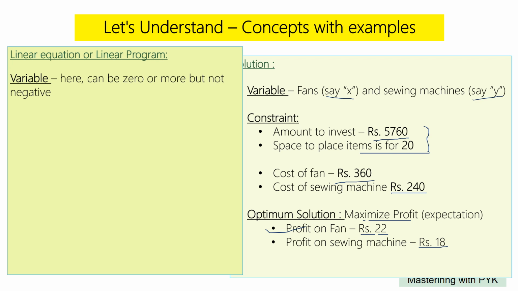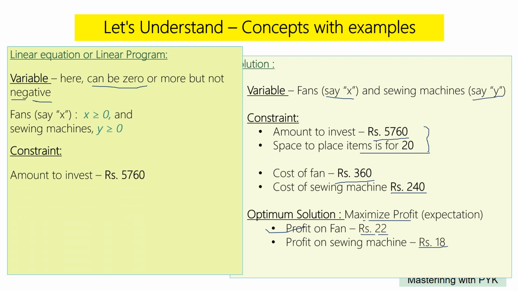So the variables, fan and sewing machine, can be 0 but cannot be negative. So fan x is always greater than or equal to 0, and sewing machine y is greater than or equal to 0.